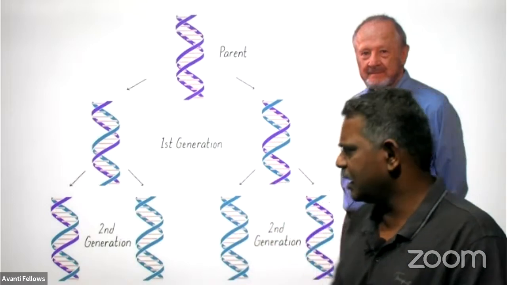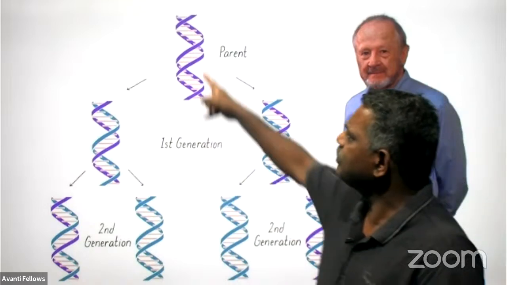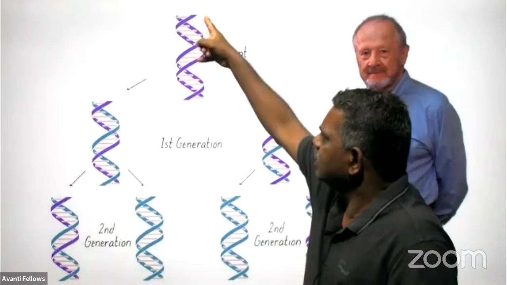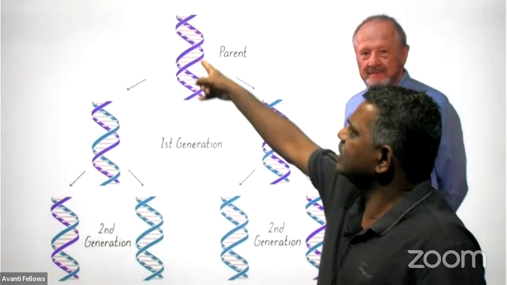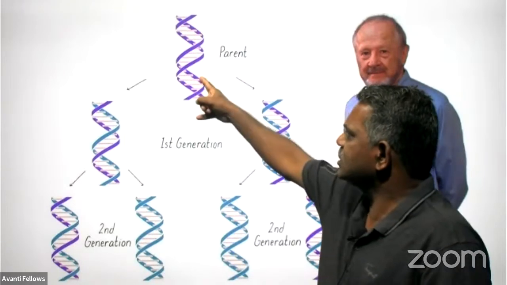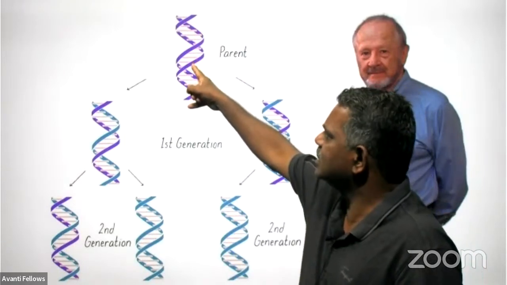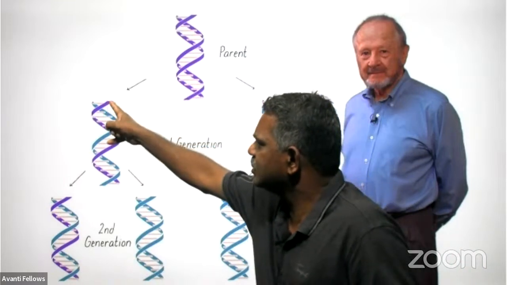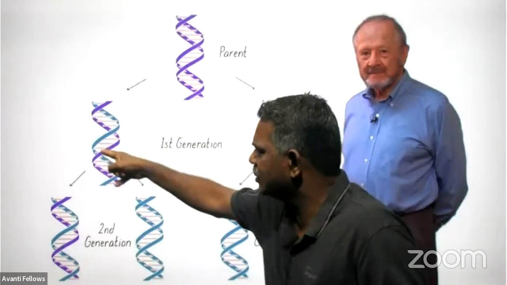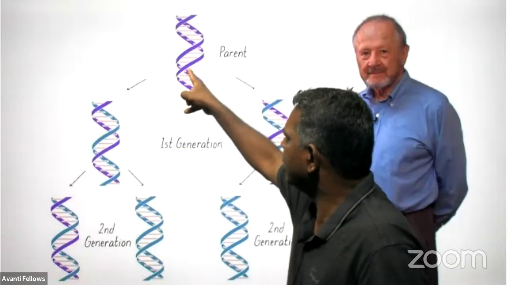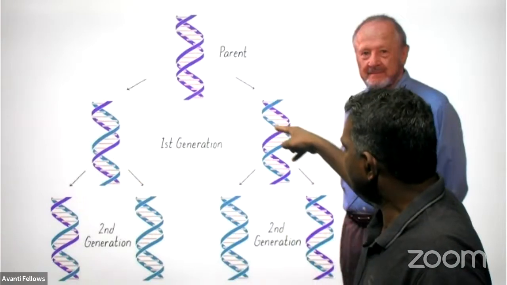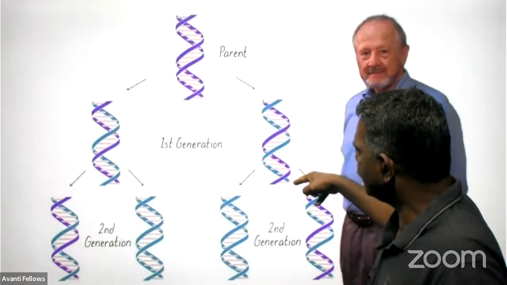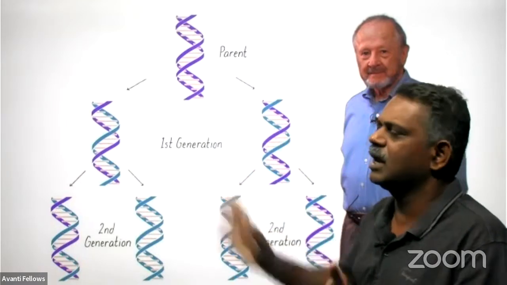Both the strands are light. The answer is very simple. While replicating this DNA, one strand is conserved here, and that conserved strand is used as a template for synthesizing a new strand here, and another strand is conserved here, and that is used as a template for synthesizing another one.